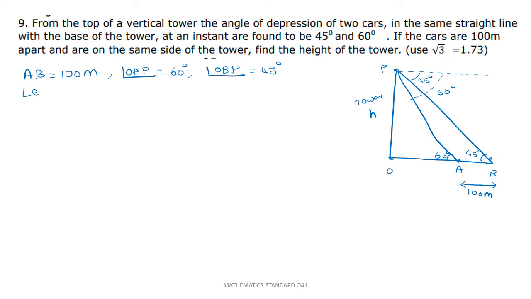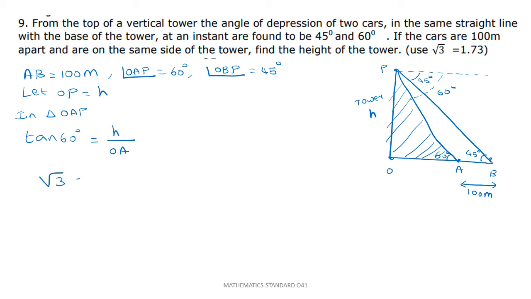So let's take OP as H. Now in the triangle OAP, tan 60 degrees equals opposite by adjacent, so H by OA, and we know that tan 60 is nothing but √3.